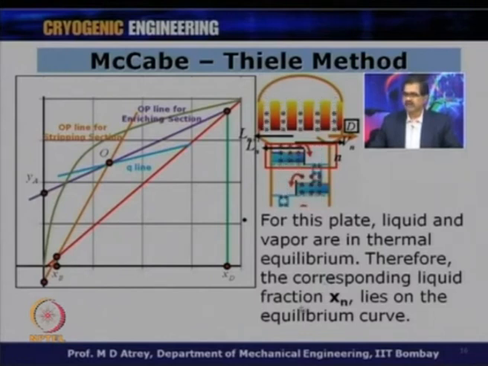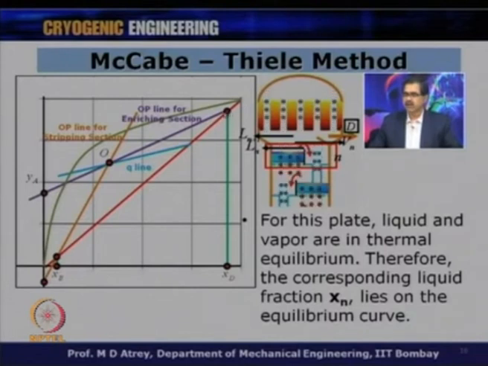The liquid fraction we received from the top was Xn plus 1, which has the Xd component, but now I would like to find, as a result of the heat transfer between the vapor and the liquid, the vapor which is leaving at this place, Yn. What is the corresponding Xn on this plate, which is in thermal equilibrium?